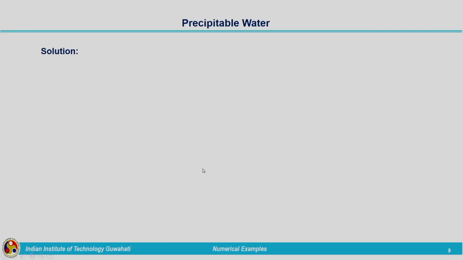We have a 12 kilometer reach, and we need to calculate the total amount of precipitable water present in an atmospheric column with a depth of 12 kilometers. We will divide the entire 12 kilometers into 6 reaches, so each reach has 2 kilometers.